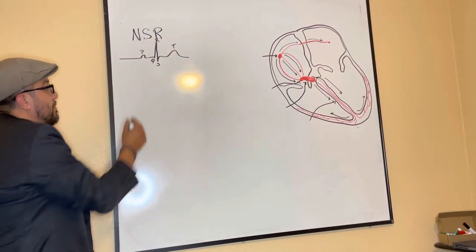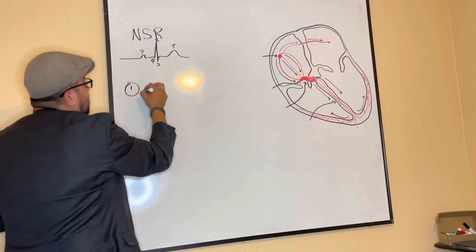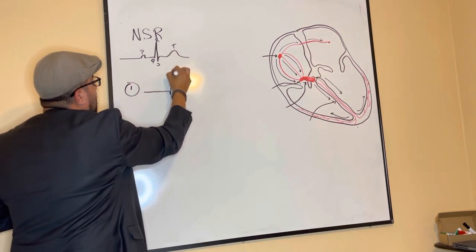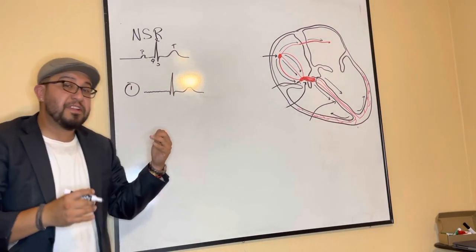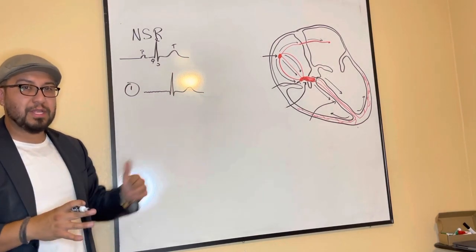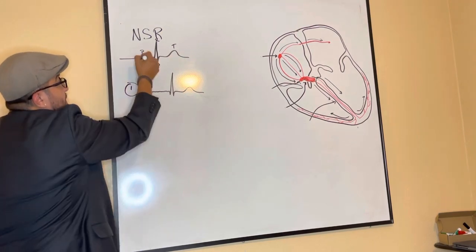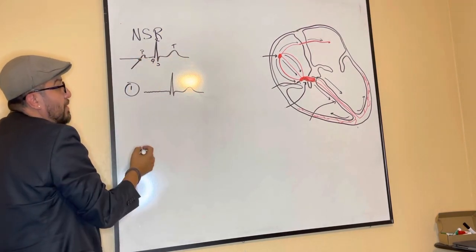But what if you have this type of rhythm? The question is, do we see a definitive P wave? What's wrong with this particular complex? The thing that's missing is the definitive P wave. We don't have one.